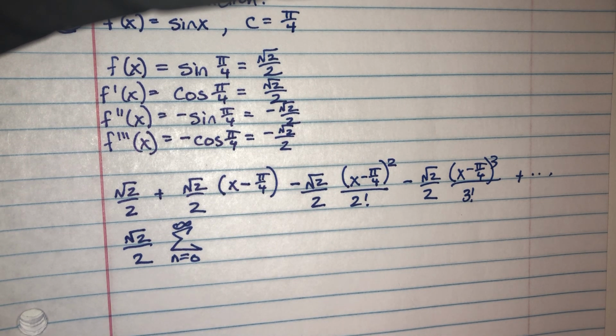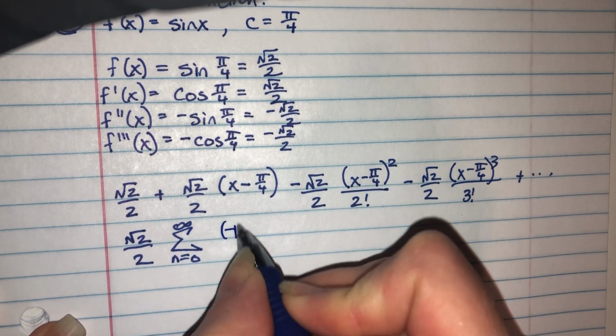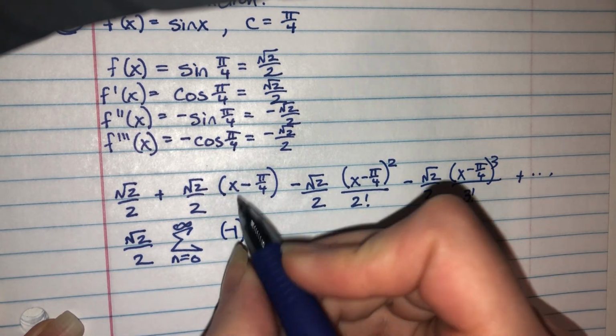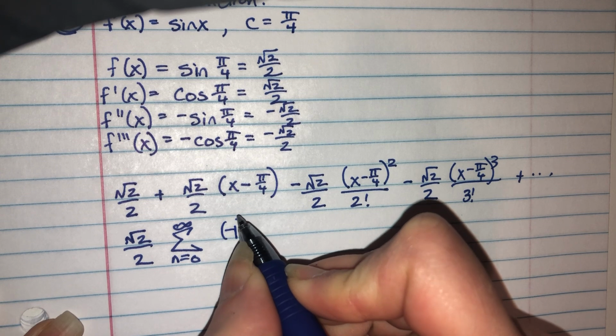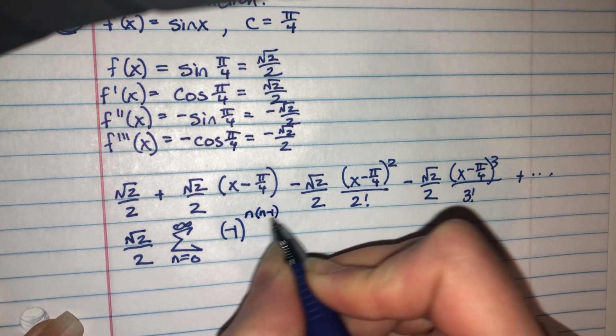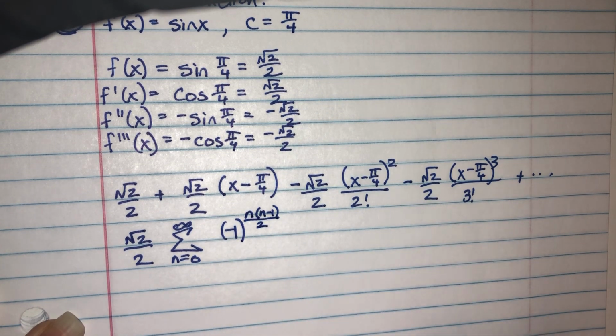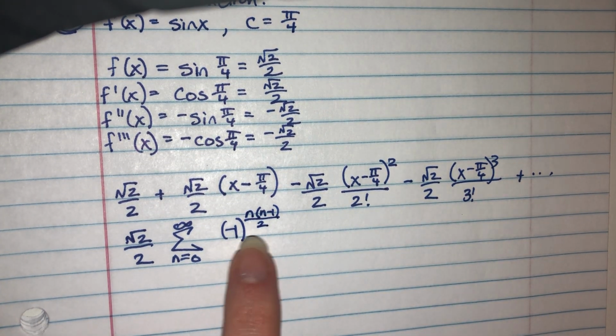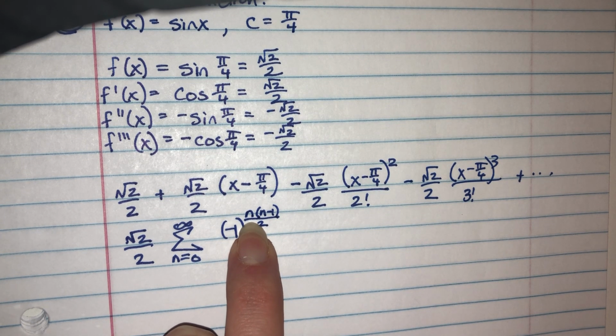Okay, so we need an even and an even, then an odd and an odd power on the -1. So the way we're going to do that is we're going to do n times n minus 1 over 2. So when you do 0 for the first one, that comes out to raising it to the 0 power, which is even.